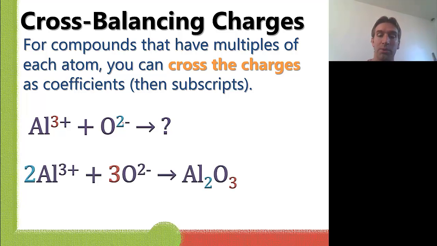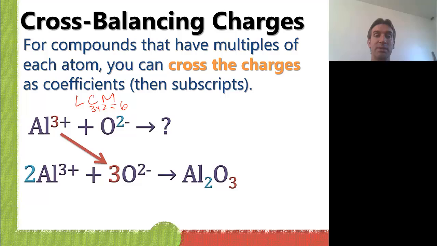What we're going to do is look at this 3+ charge. Since it's a 3 with a 2, the lowest common multiple, or LCM, that I'm going to use here is going to be 3 times 2. 3 times 2 gives 6.